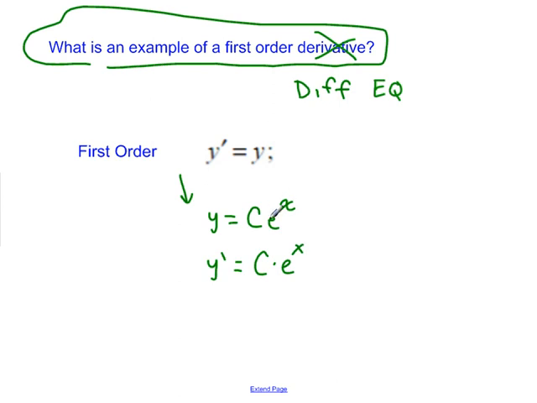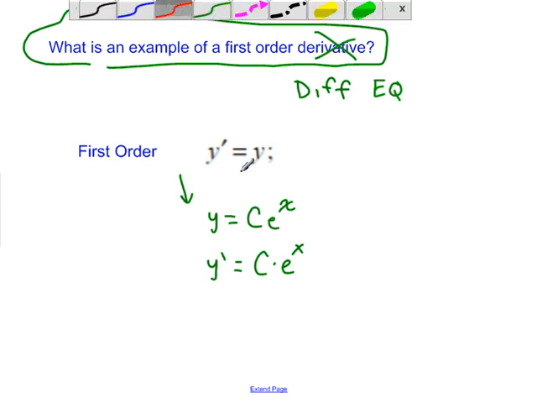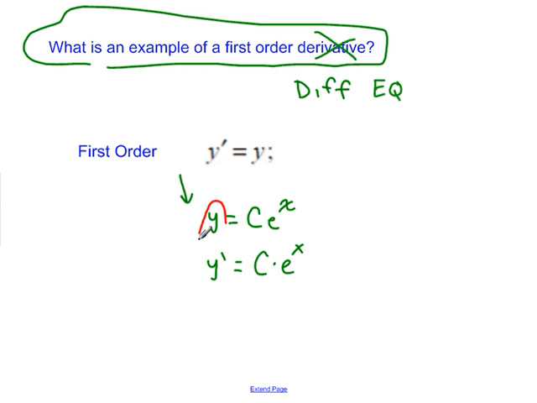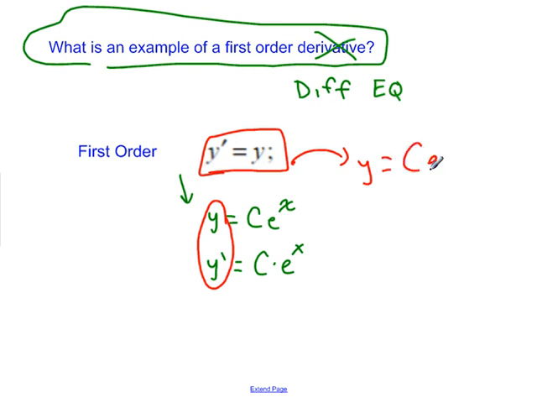We know that the derivative of e to the x is just e to the x, and a constant stays there. So here is an example where the derivative equals the function itself. Anytime you get to this first order differential equation, you know that the solution is going to be y equals c e to the x.